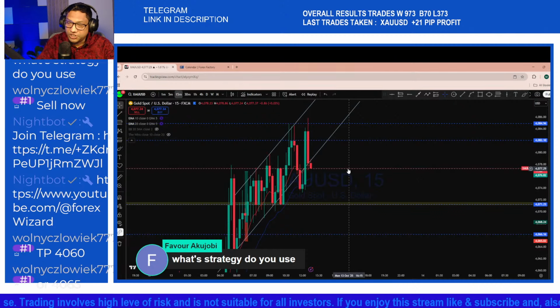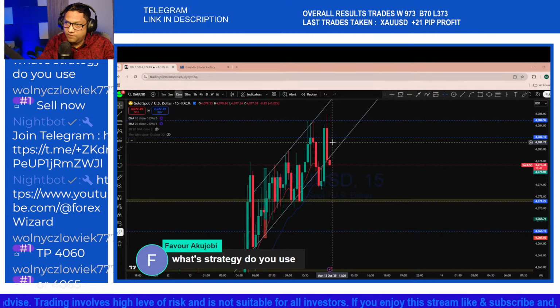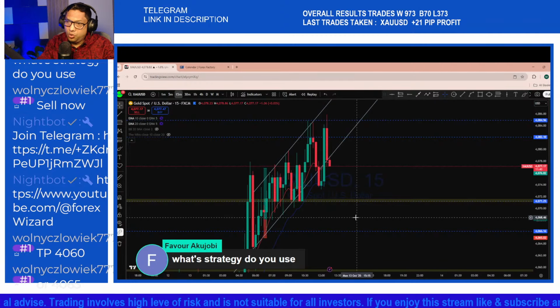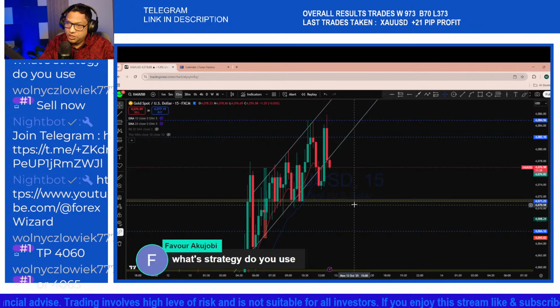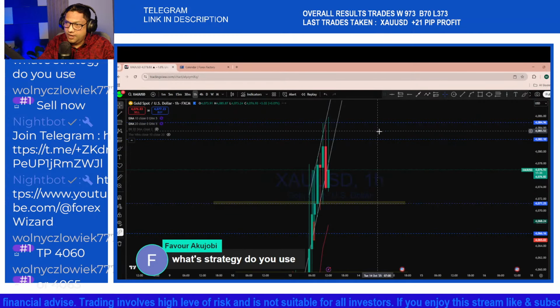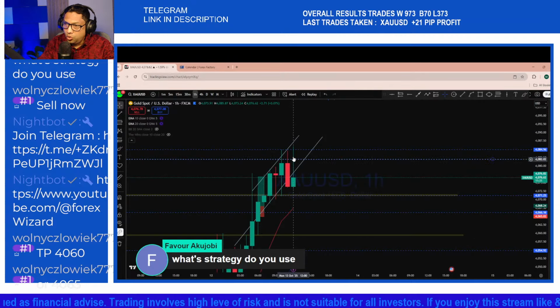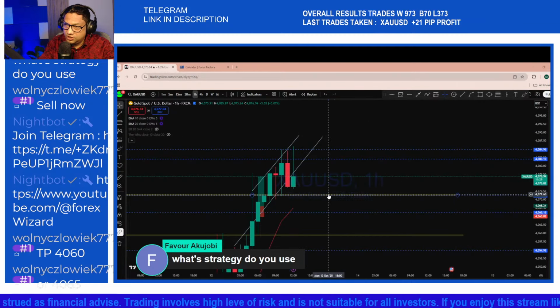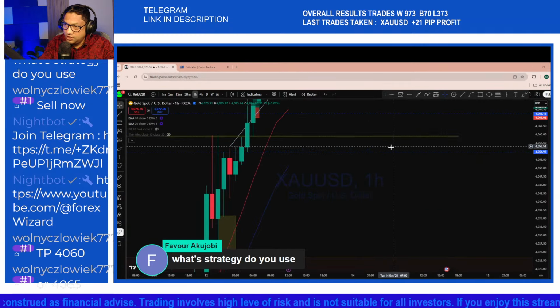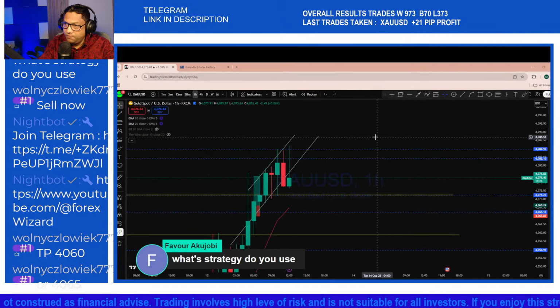We see that rejection back below to this support level, and that's where we are looking at this market to potentially test that support. If we look at the 1 hour again, we can see the candle is closing with a long wick candlestick pattern, and the price is approaching that support level from the lower time frame.